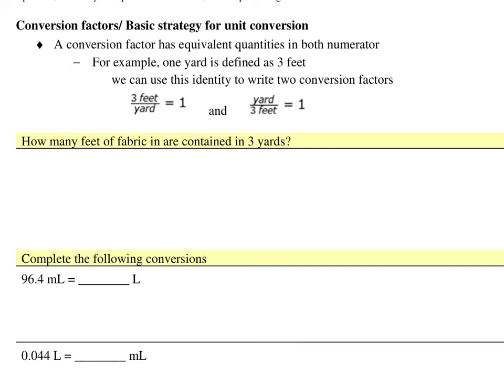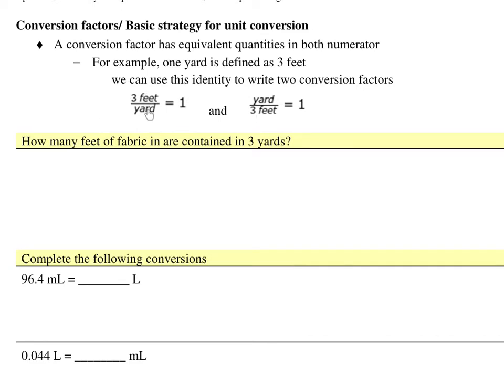Many of our problems this semester will be able to be solved very quickly using conversion factors, which is a basic strategy for unit conversion. Conversion factors are all based on identities. For example, if we look at the identity that 3 feet is equivalent to a yard, we can write two separate conversion factors in which equivalent quantities are written in both the top and the bottom.